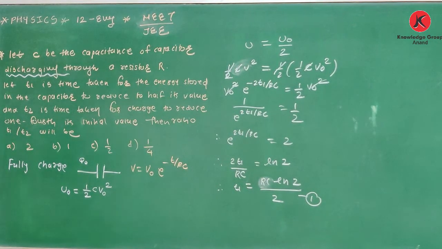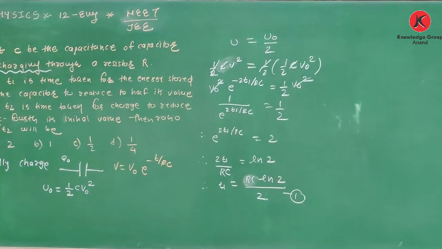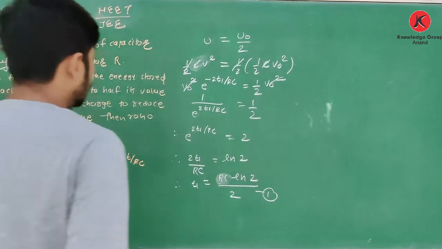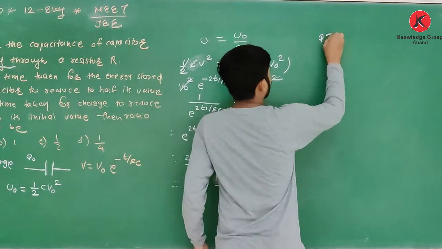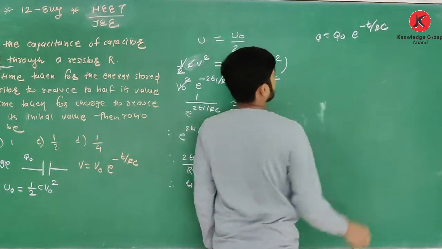So this is the time T1 during which the energy reduces to half. Now what is another statement? T2 is the time taken for the charge to reduce to 1/4 of its initial value. What is the equation of charge? Q is equal to Q0 e raised to minus T upon RC.